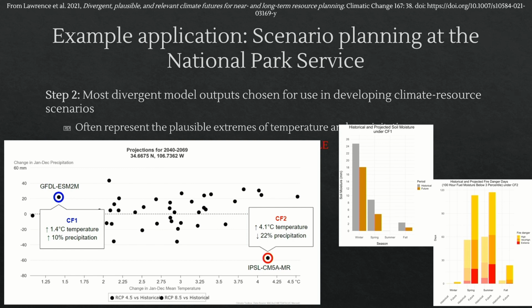You're seeing summer fire danger increasing significantly under this future scenario. On this one is the soil moisture under this we-get-more-precipitation scenario. And what you're seeing is the winter moisture is this brown bar. It's decreasing, but you can see what's happening to your soil moisture.